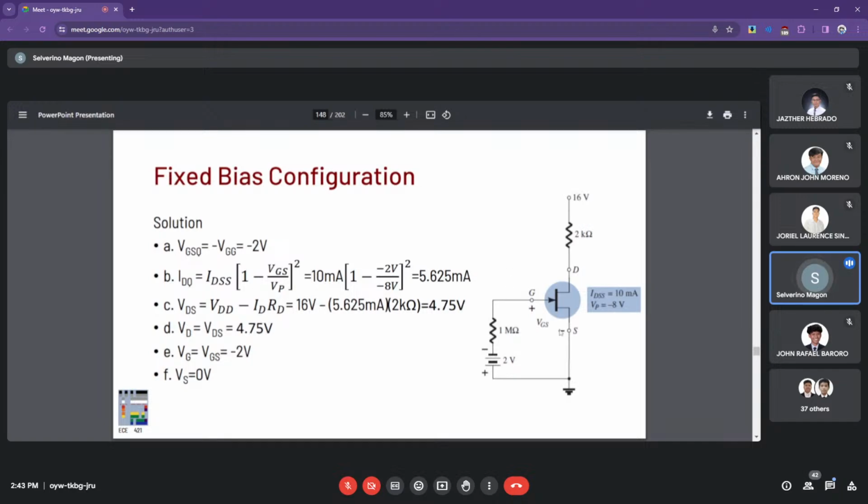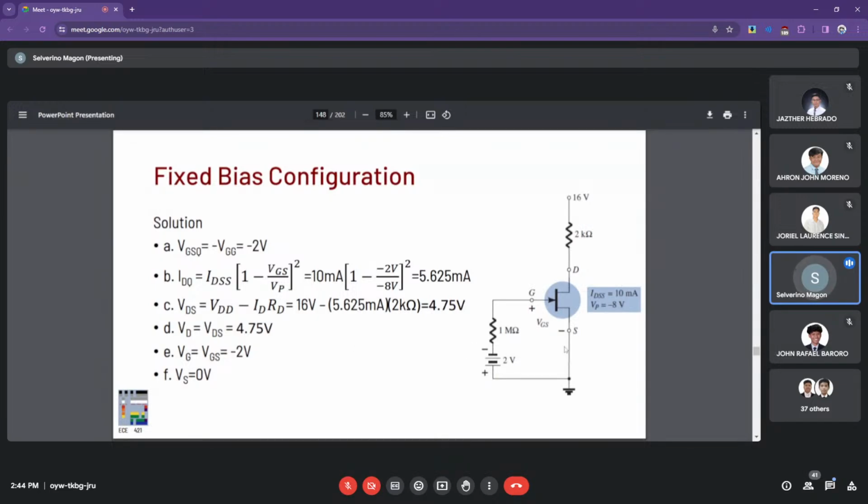The drain to source voltage, or the drop across the transistor, can now be calculated given the drain current at the Q point. The Q point essentially means that we don't have any sort of AC input. And we came up with 4.75 volts for the drain to source voltage.